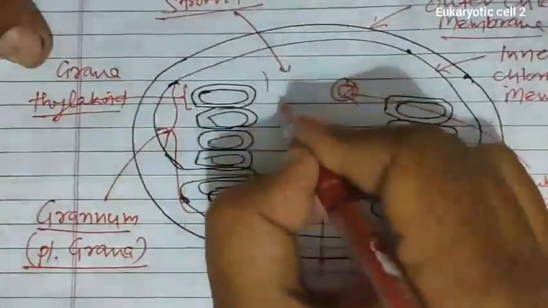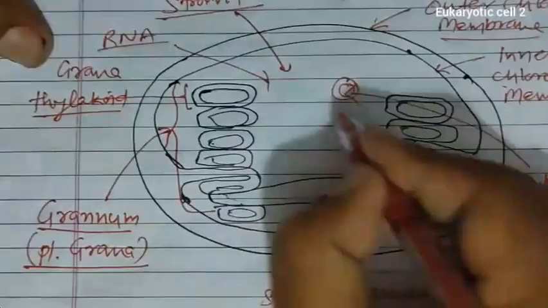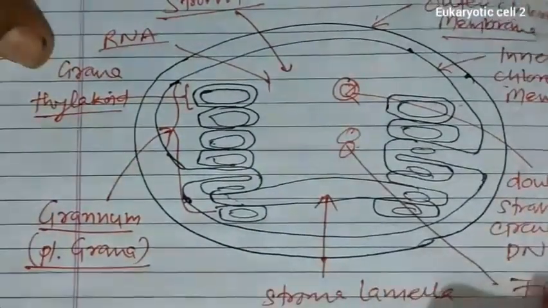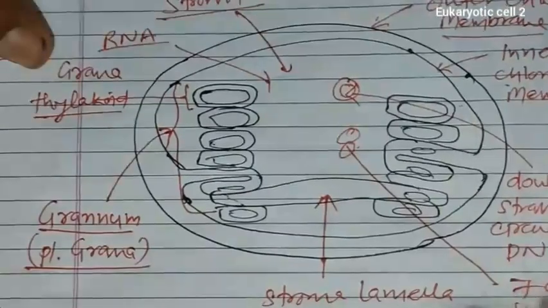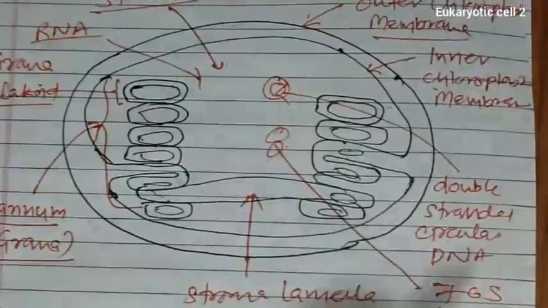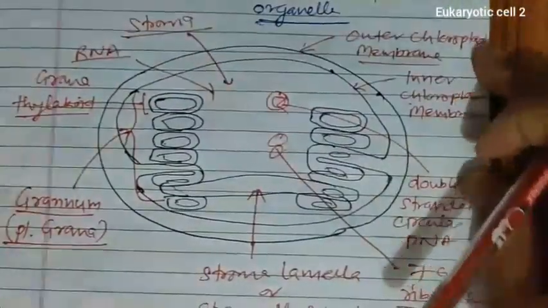They have some RNA as well, and they have ribosomes as well, and those ribosomes are 70S ribosomes. So we will study ribosome after this chloroplast, but you be familiar with the structure, which is important.